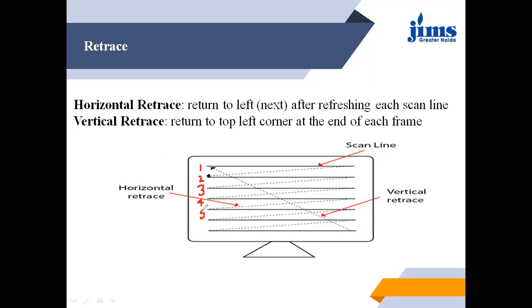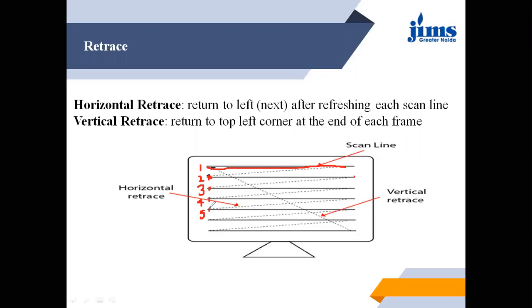In this, after scanning scan line number 1, the electron beam scans line number 2, and after completing scan line 2, it starts from scan line 3, then 4, and then 5.